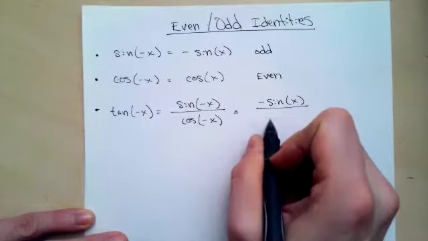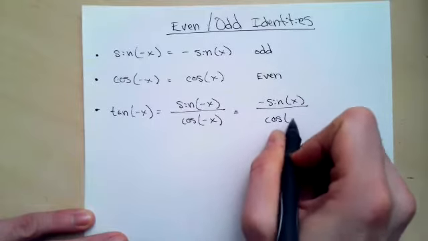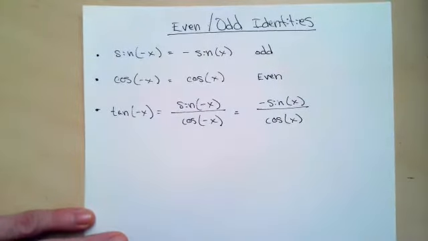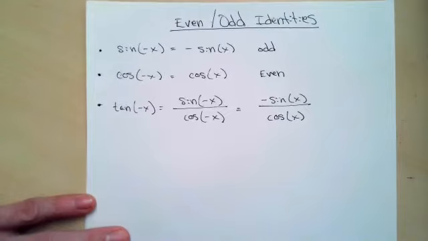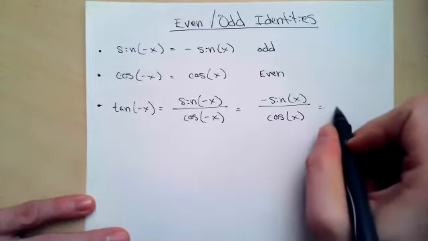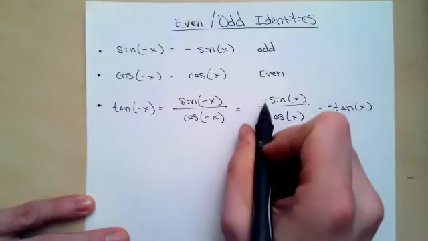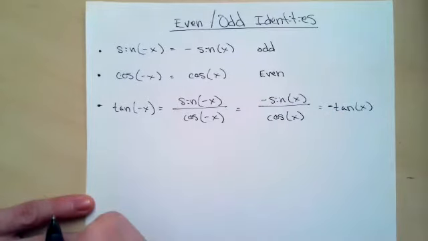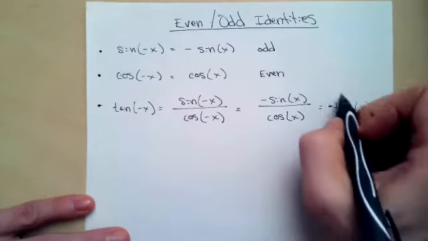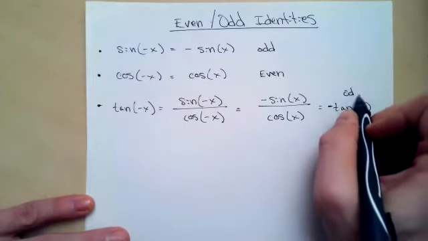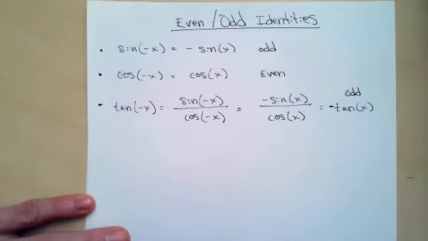And the denominator, cosine of minus x, is the same as cosine of x. And so all in all, we're getting a negative tangent of x. So that tells us tangent is odd.